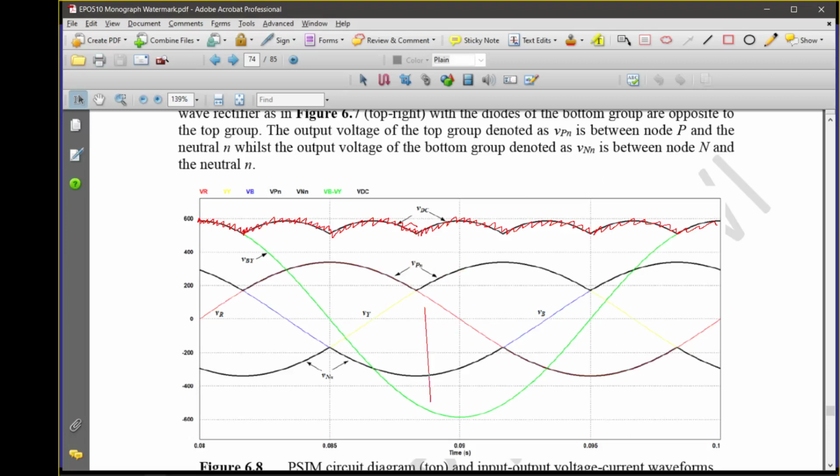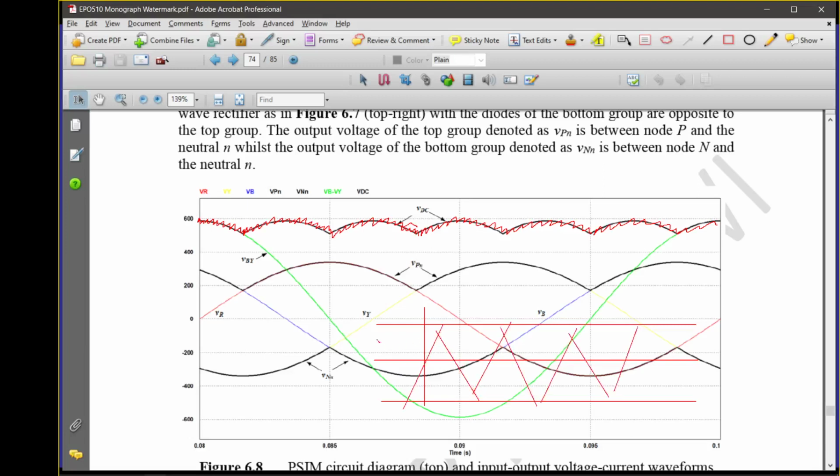So if you want to draw a line to line voltage, you must have at least 4 triangles. So 1 triangle, and then another one is the inverting version of that, the mirror image of that triangle. Okay, and then you draw another triangle in between.